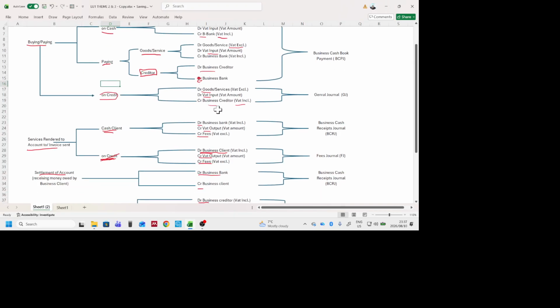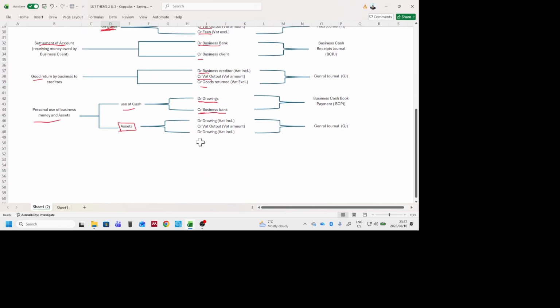If we bought it on credit, we would have credited what? Business creditor. But now we're saying that the owner is taking the same assets for personal use. This means that the assets will no longer be available or used for business use. This means that the owner again is taking what? Is taking or reducing his claim over the business assets.